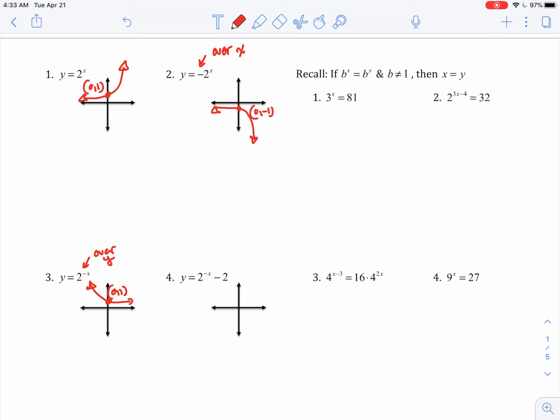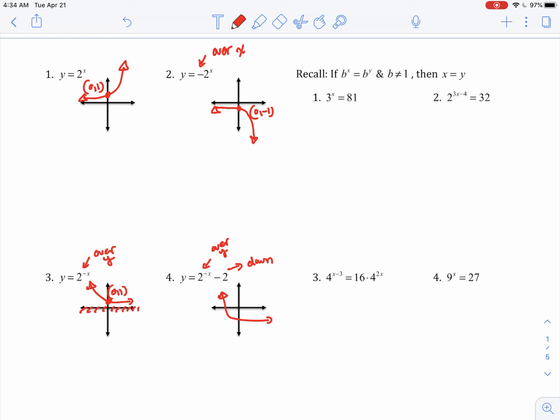On number 4, we take that basic graph from number 1, and we know again that this negative is telling us to flip it over the y-axis, and this -2 over here is telling us to shift our graph down 2 units. So if we take what we just did on number 3 and shift our graph down 2 units, our graph would be along here.